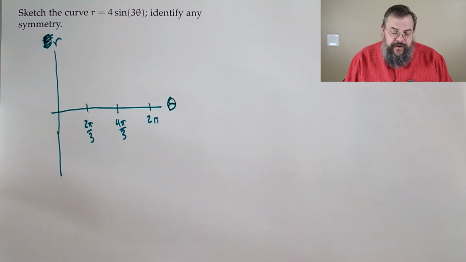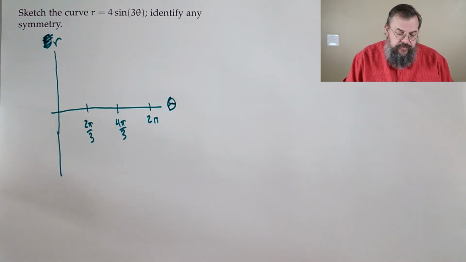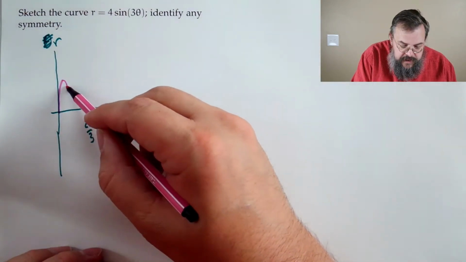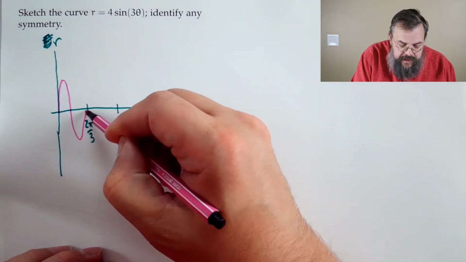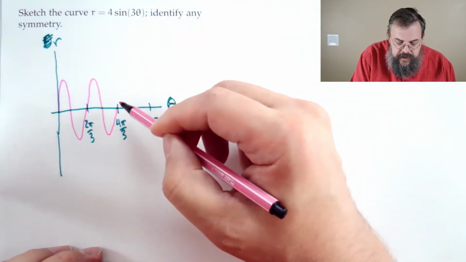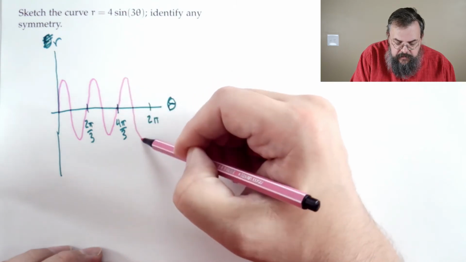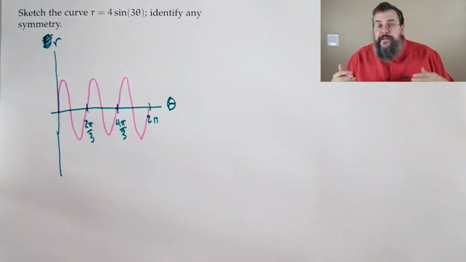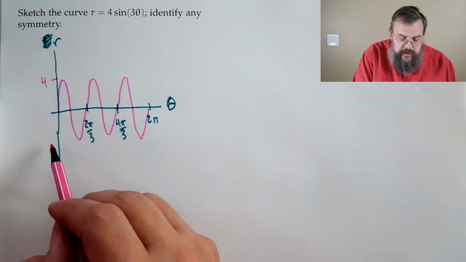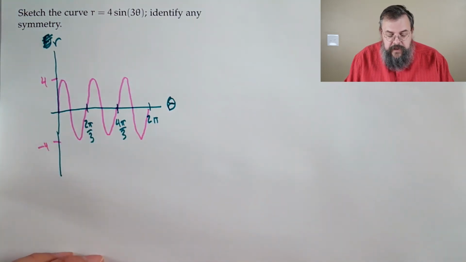So what we want to do is say, okay, what's our basic shape? So we're going to see the following. We're going to go up, down, back up, and we're just going to keep repeating that. Up to a height of 4, down to a height of -4.